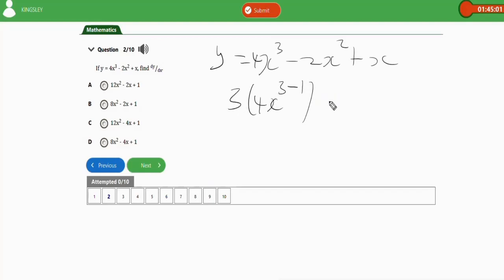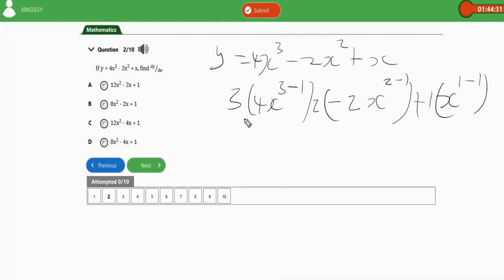So we have minus 2x squared, minus 1 from the power. At the same time, remember that the power will come and multiply what you have here, so we have the power to be 2. Then we have plus x, the power is 1 minus 1, and at the same time the 1 comes and multiplies what you have here.